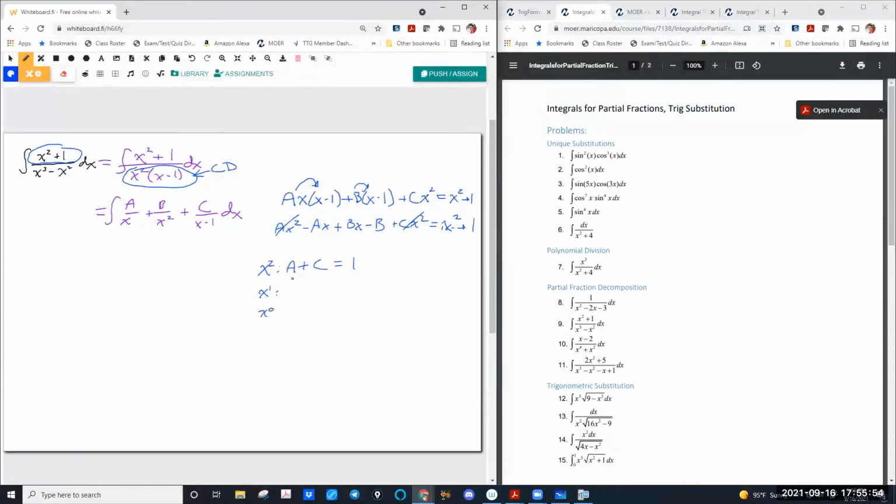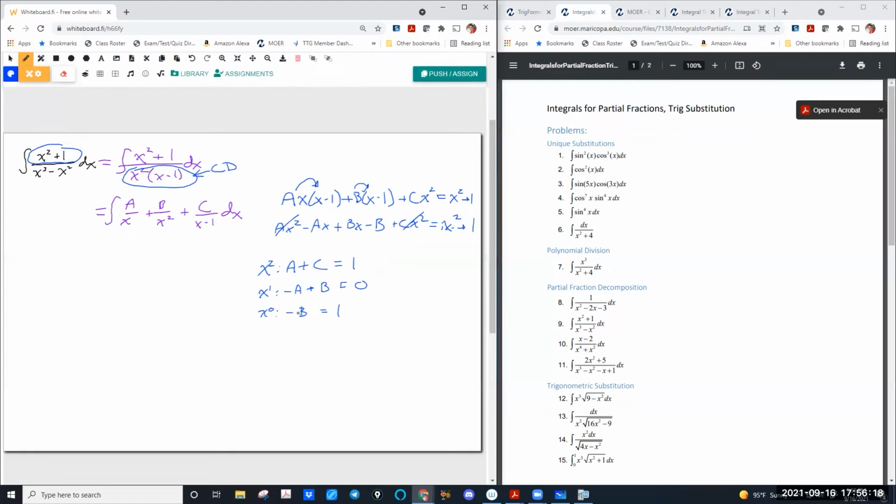X to the first. I've got minus a plus b. No x's over there, so that equals 0. X to the 0, I've got minus b. That equals 1.